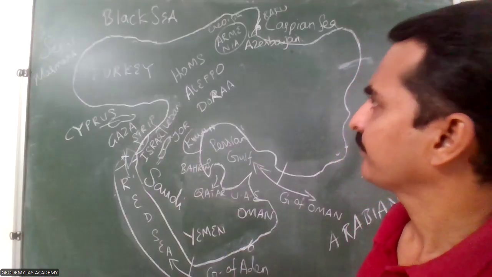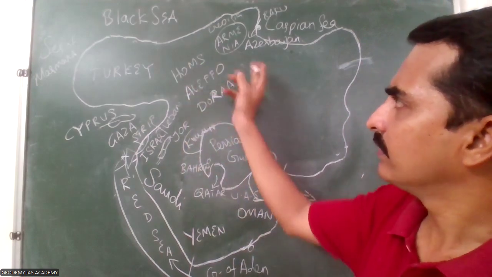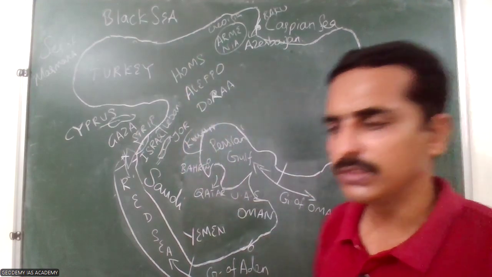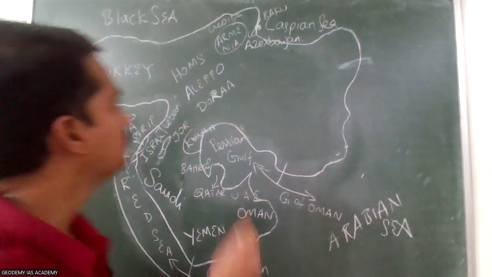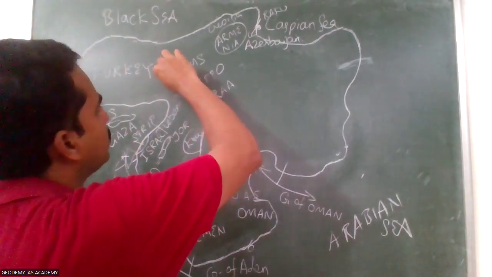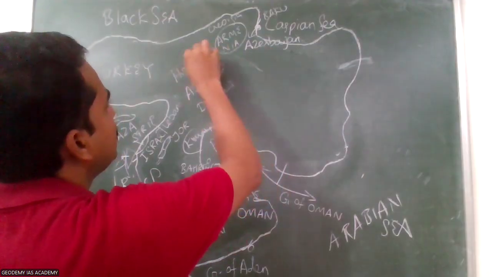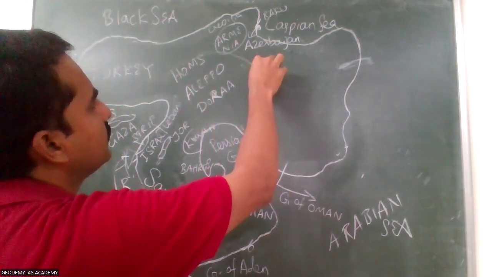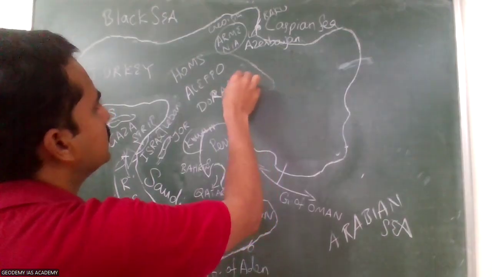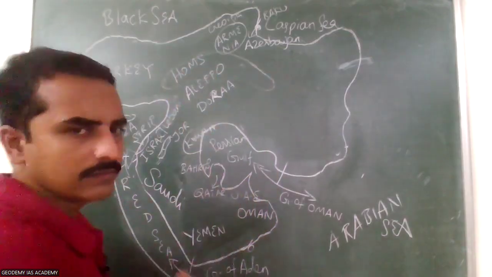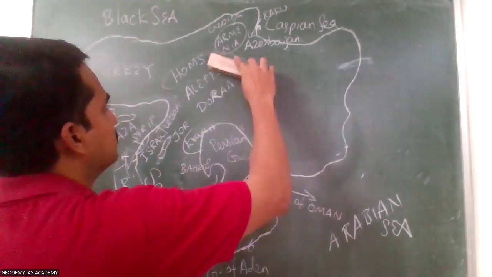Okay, so those are done. And the Kurdistan region also. The Kurdistan region comprises parts of Turkey, Syria, and Iraq. So this region is the Kurdistan region.